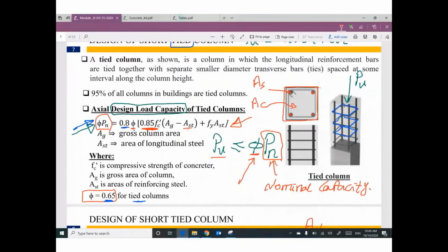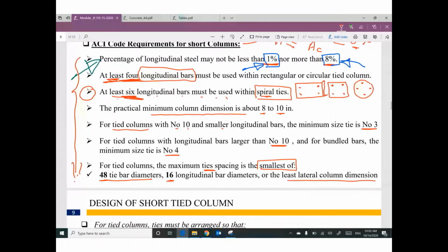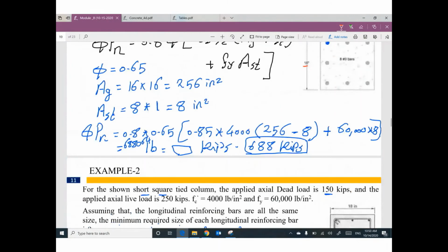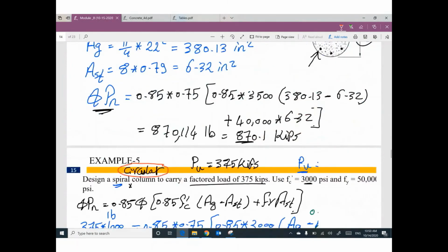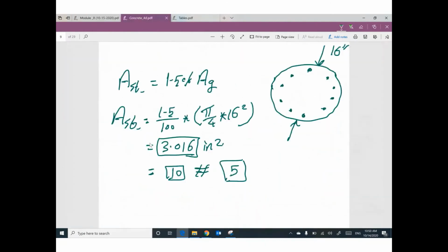If your column is a spiral column, I will use another equation. But these rules must be followed: minimum, maximum percentage, minimum number of bars in a tied column or spiral column, whatever the column is. So I'm going to put 10 bars, number 5.